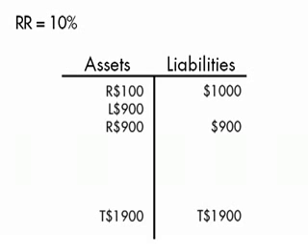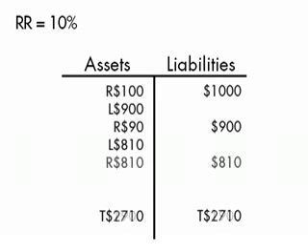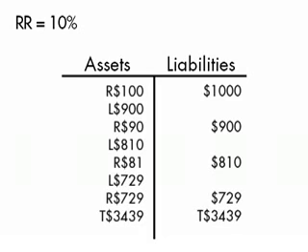But we can keep going with this process to create even more money. $90 of the new deposit is kept in reserve, and $810 is loaned out. Then the $810 is deposited again, and now our total is $2,710. The process keeps going, but notice that the amount gets smaller each time.